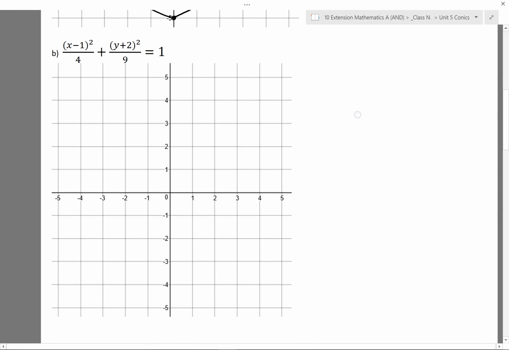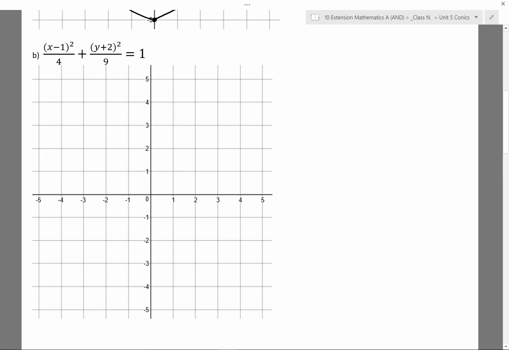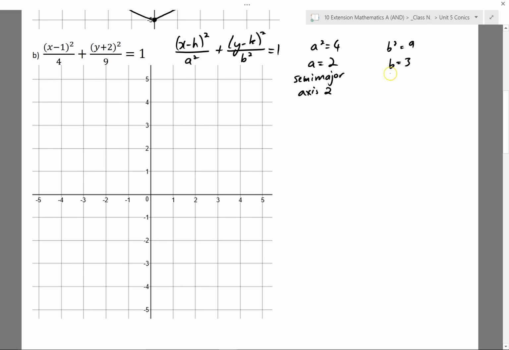Okay, I'll have a go at sketching this second one. I better write my formula down beside it so I can use it to compare. So I see I've got an a squared value of 4. So my semi-major axis will be, correction, 2. See a b squared value of 9.